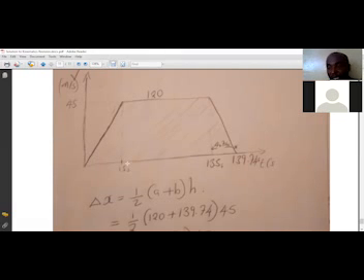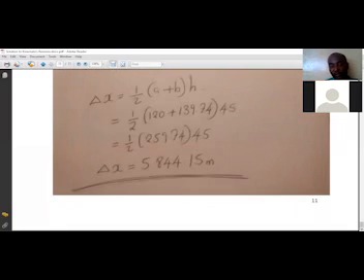Under the velocity time graph is the displacement. So when you solve this, you get 5884.15 meters. If you just say 5844, that is also fine.